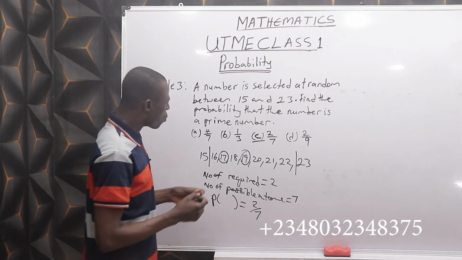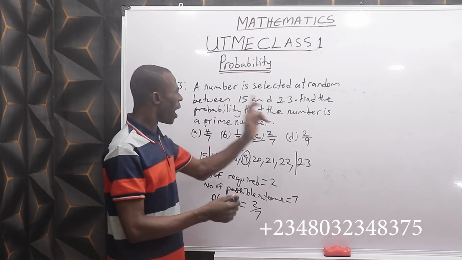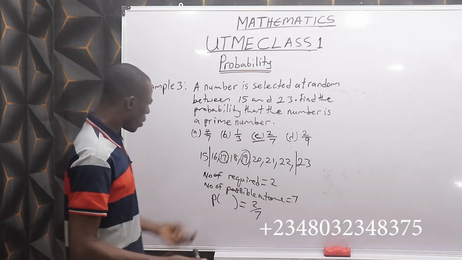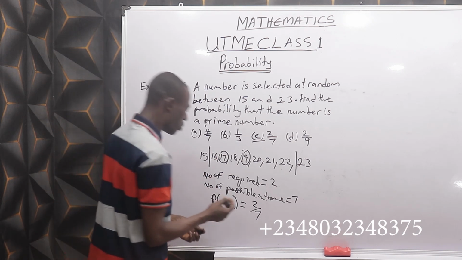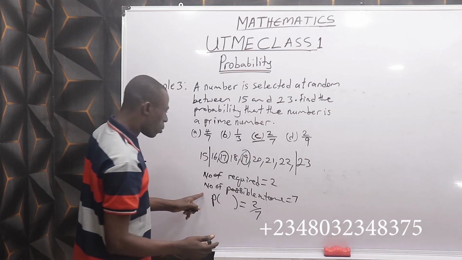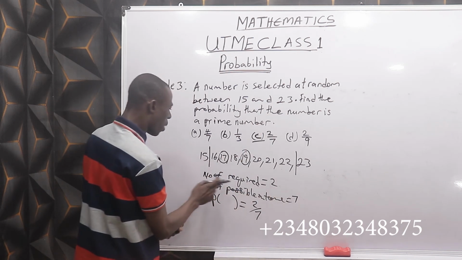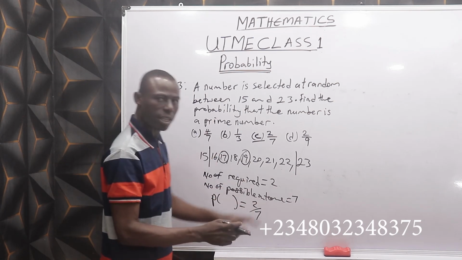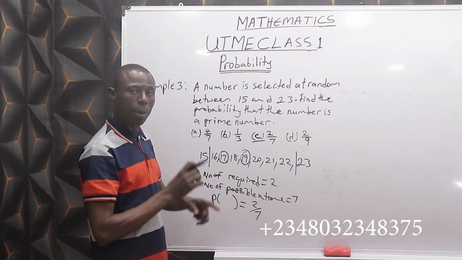But if you don't have that knowledge and you include 15 and 23, let's see whether you have a chance of being deceived in the options. Let's see, if you include 15 and 23, your own number of possible outcomes will be 9, while your number of required outcomes will be 3 instead of 2, because 23 also will be included. It's a prime number.